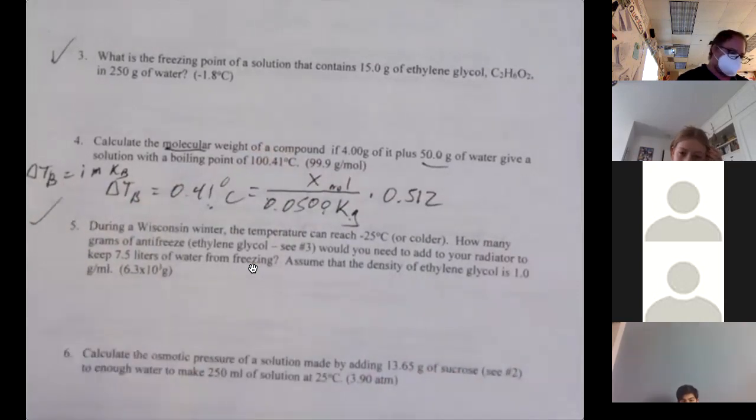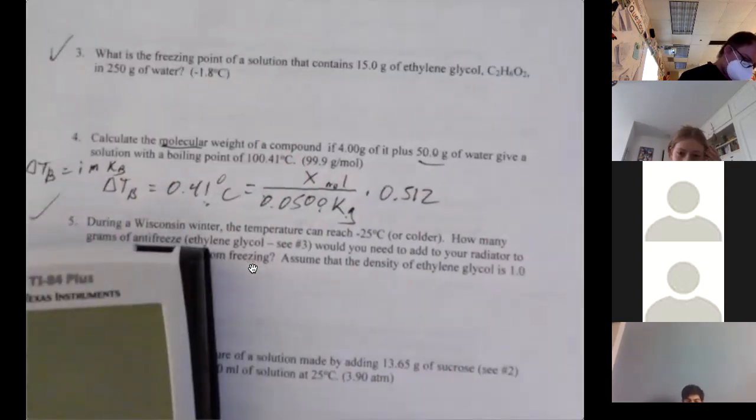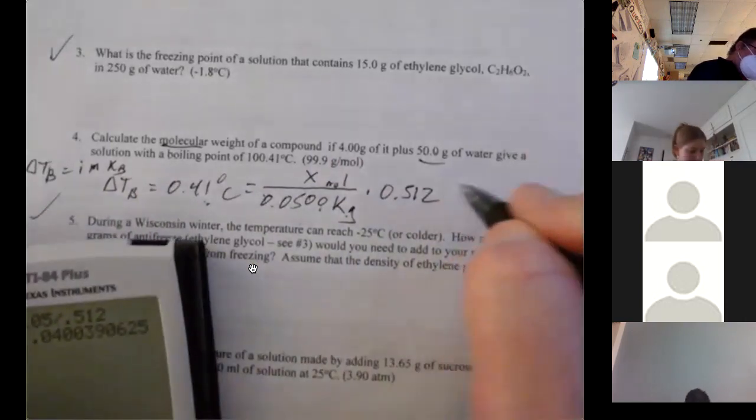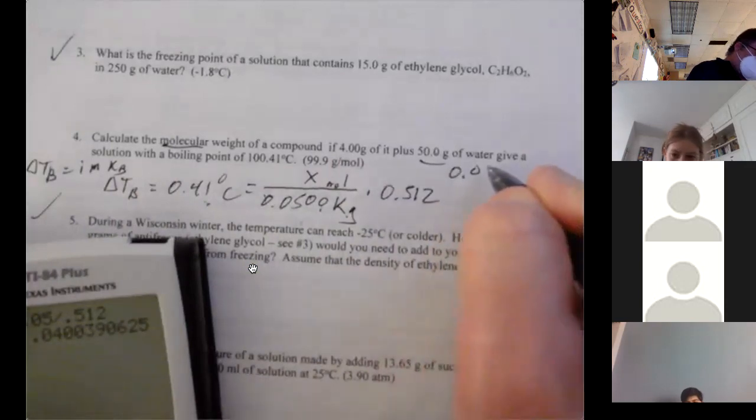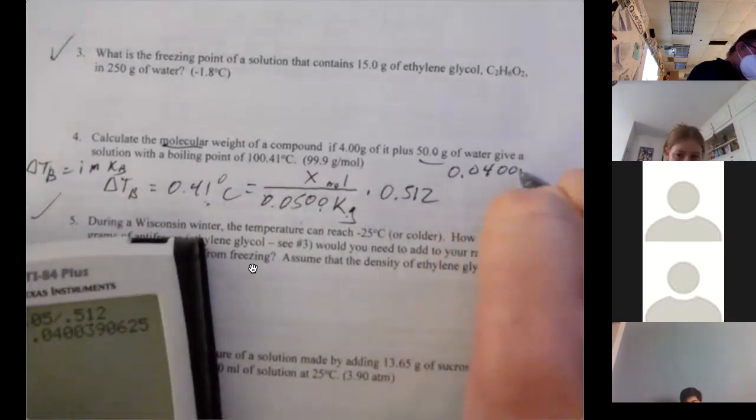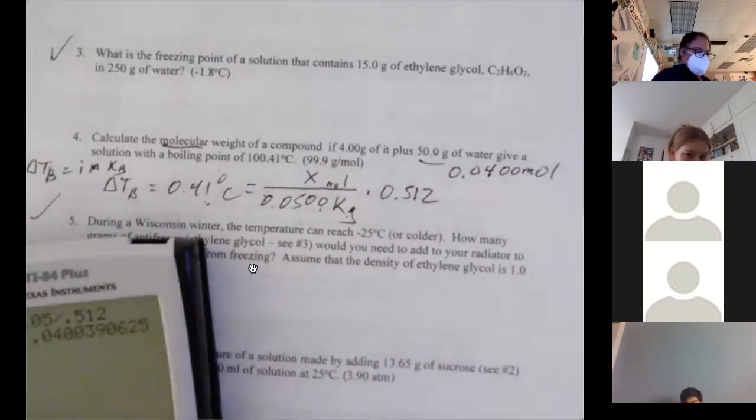Is that correct? 0.41 times 0.05 divided by 0.512. That gives me 0.0400 moles.